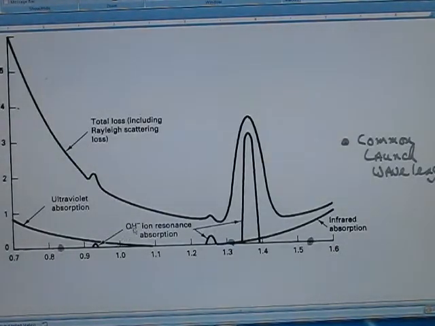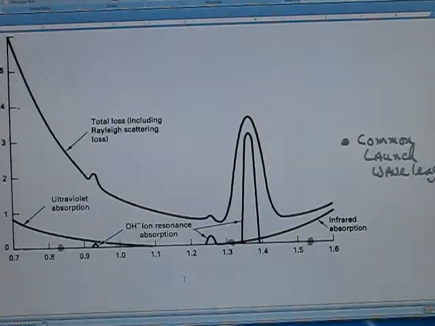We have OH absorption here, so what we want to do is stay away from, as far as our launch wavelength is concerned, high places of absorption. So what we can see here is that we have a component of infrared, a component of ultraviolet absorption, and then this huge guy here for the ion absorption.